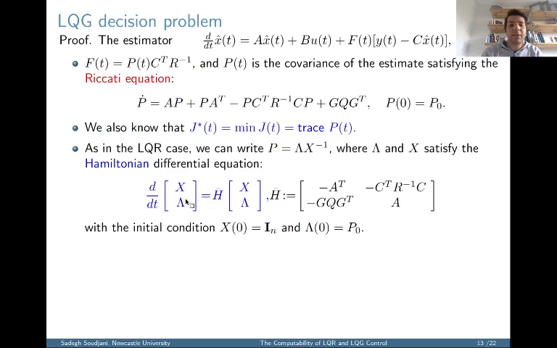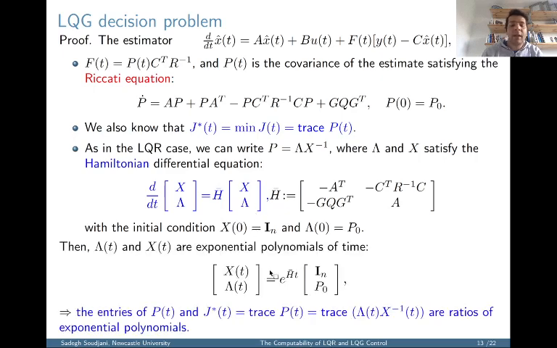Lambda and x are solutions of a Hamiltonian differential equation. That's why they become exponential polynomials, and this matrix P(t) and the least square error become ratios of exponential polynomials, and comparing these quantities with a threshold is decidable using the Lindemann-Weierstrass theorem.